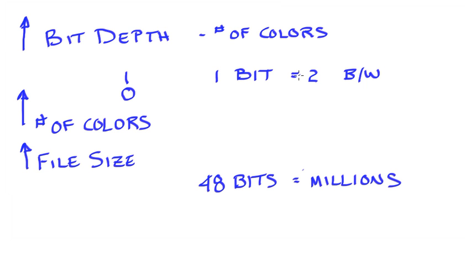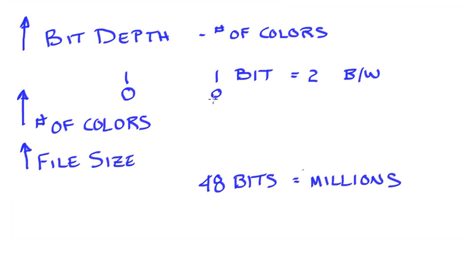So if all we have is something that's black and white and we're going to scan it, but we scan it instead at 48-bit setting, our file would be 48 times larger than what it would need to be. Not very good for scanning. We don't want to make things excessively large when we don't have to. We could always take that 48-bit image and downsample it to 1 bit, but better to do it correct the first time.